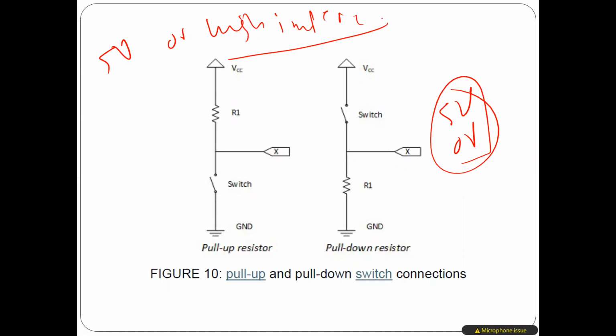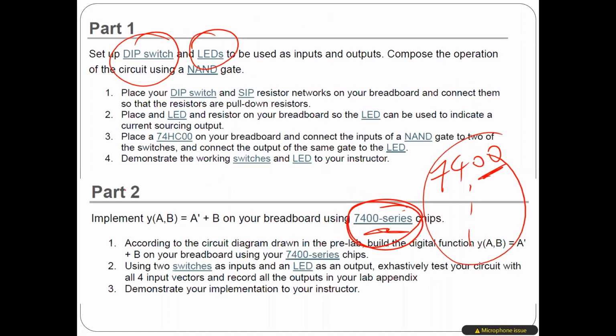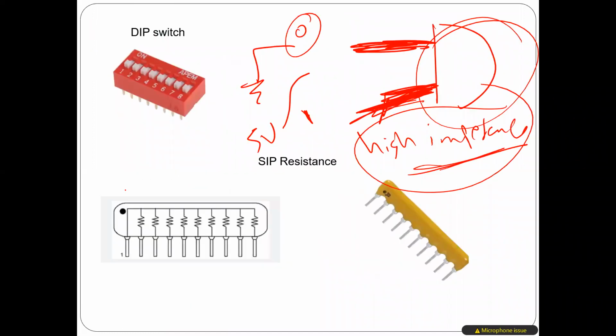I think the easy way to do it is, for example, here I can connect a switch. The gate is this way. I can connect the switch this way, and then put 5 volt here. So if I open the switch, it's going to be floating, or high impedance. If you close it, it becomes 5 volt. Same thing for 0 volt. I think that's what I remember.